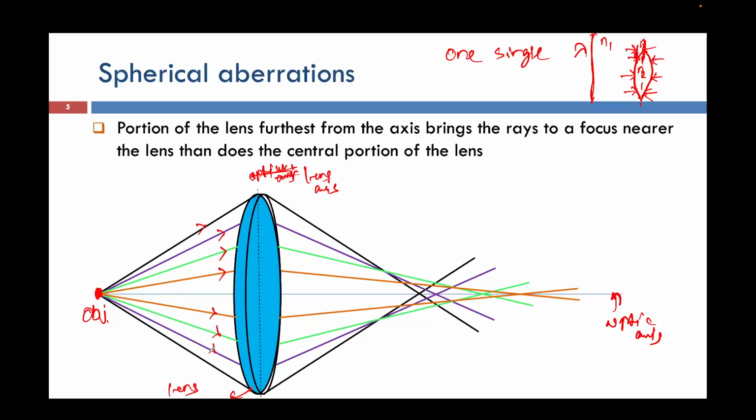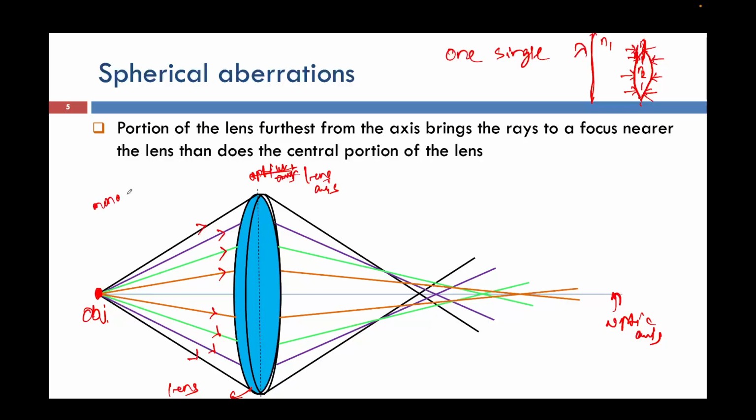And one thing I want to clarify here, that here I have made several colors of this incident beam. These several colors do not indicate several different types of wavelength. That means this green is not green light and this maroon is not maroon light. They all are monochromatic.